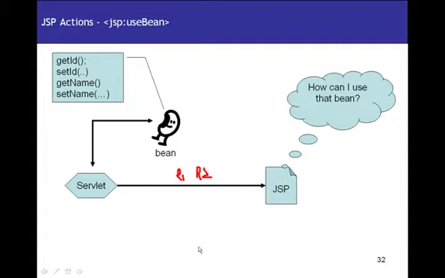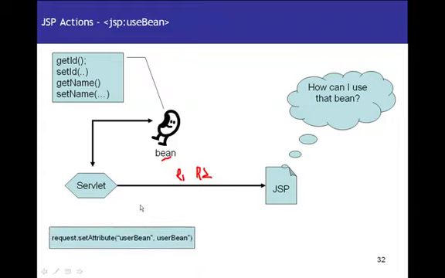So I'm going to say request.setAttribute userBean, and I'm going to set this bean value in my userBean attribute, and pass that to the JSP page, and I can now fetch the values of the ID and name from the userBean in my JSP page, right?